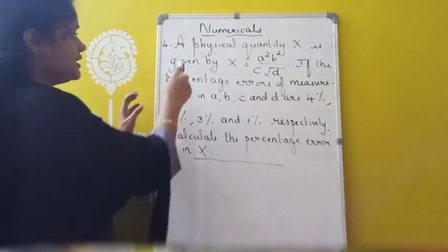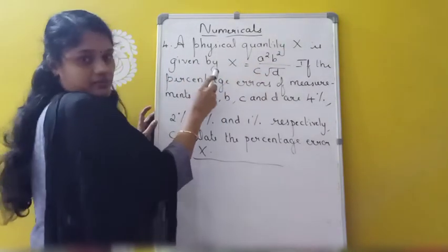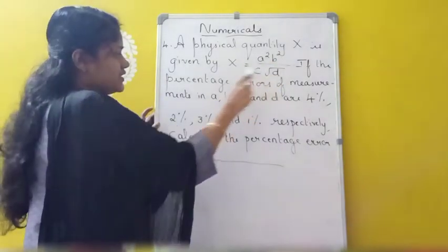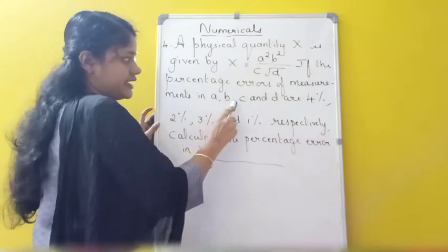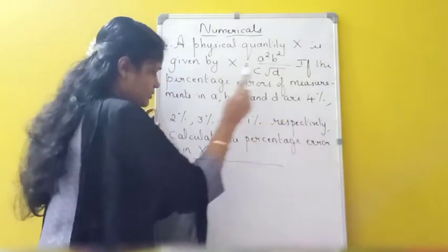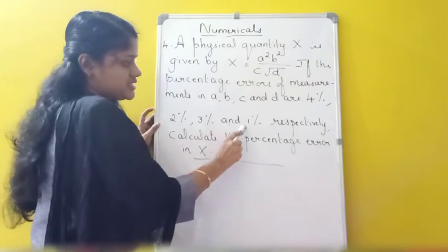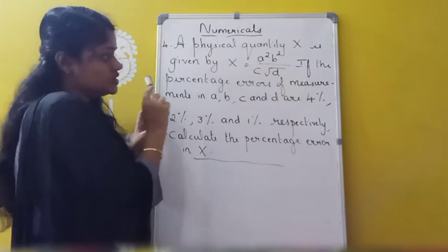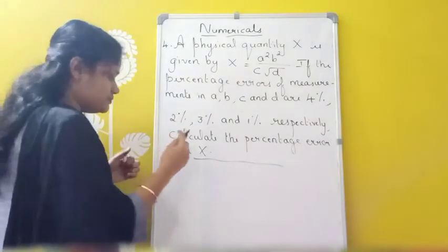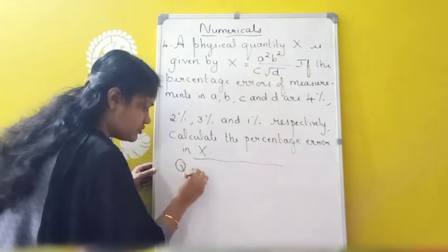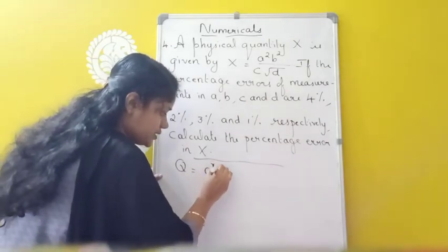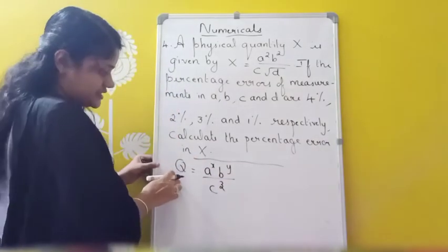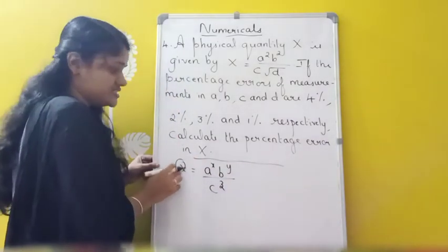Now fourth problem. A physical quantity X is given by X equals A square B square divided by C into root D. If the percentage errors of measurements in A, B, C and D are 4%, 2%, 3% and 1% respectively, we have to find the percentage error in X. So before going to the problem, first of all, suppose we have a physical quantity Q equals A raised to X, B raised to Y divided by C raised to Z. In this case, how will you find the percentage error in the physical quantity Q?